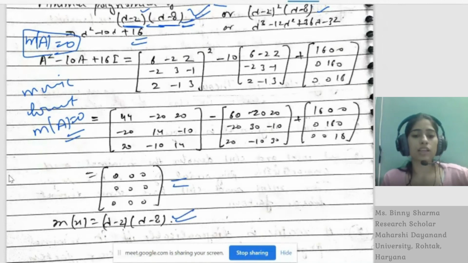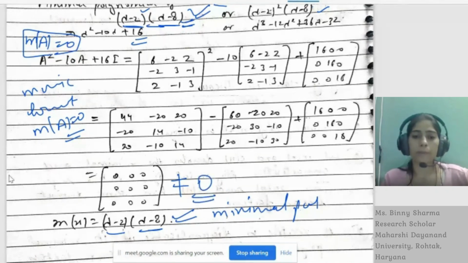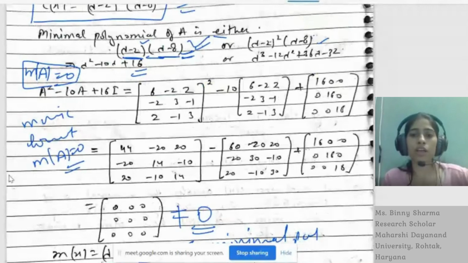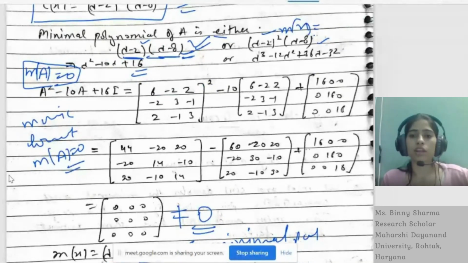So m(x) = (lambda minus 2)(lambda minus 8) will be the minimal polynomial. If in some case this is not equal to 0, then the other one will be the minimal polynomial, which is equal to the characteristic polynomial.